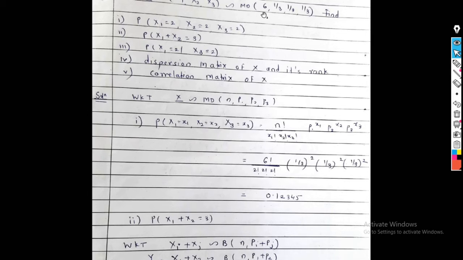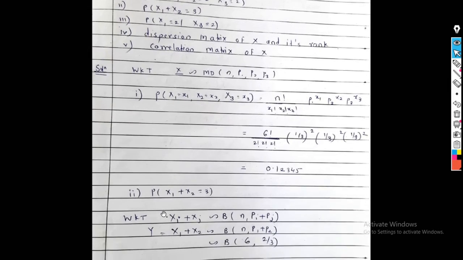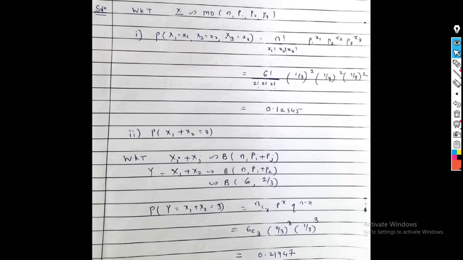The value of n is 6, and p1, p2, p3 are 1 by 3, 1 by 3, and 1 by 3. So it is 6 factorial divided by 2 factorial into 2 factorial into 2 factorial, into 1 by 3 square into 1 by 3 square into 1 by 3 square. After solving this, we get the probability of x1 equal to 2, x2 equal to 2, and x3 equal to 2 is 0.12345.